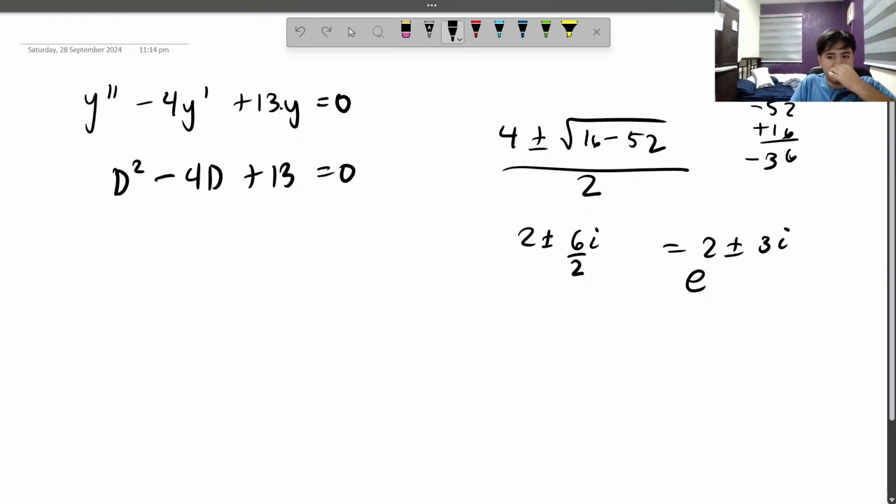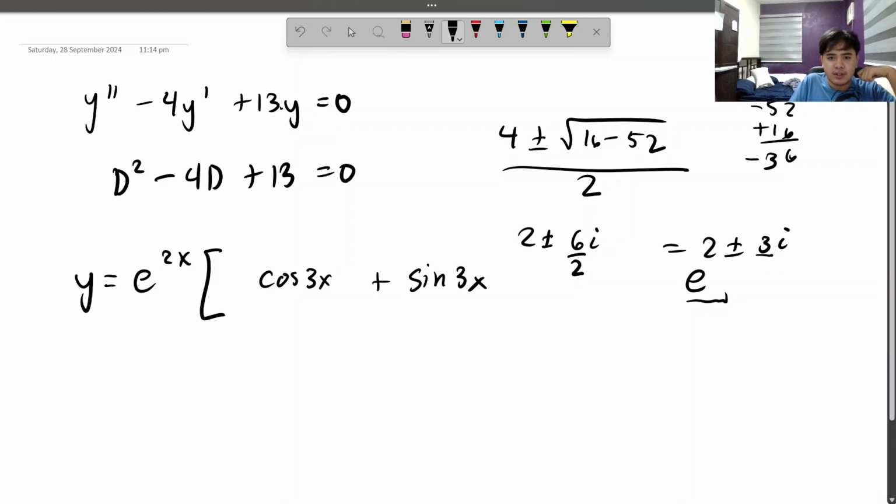So what we're going to do is to take the real part first. So y equals e to the 2x, and then since there is a 3 in here, we can put cosine of 3x, or t or whatever you want, but we have x here, so we just put x, plus sine of 3x.